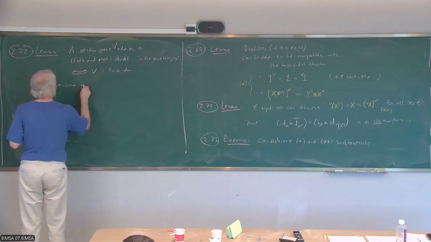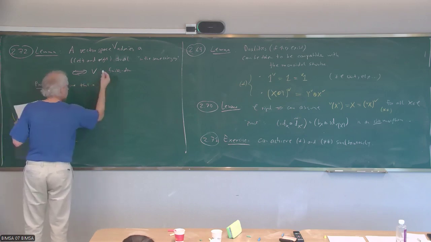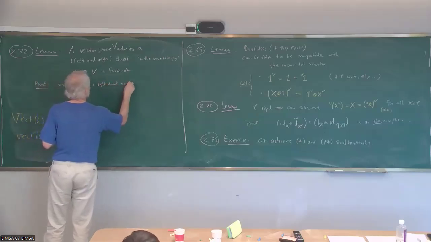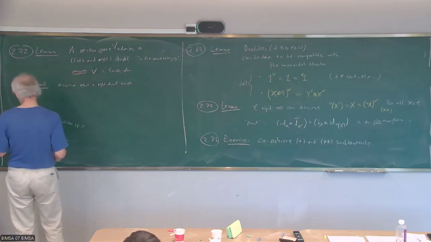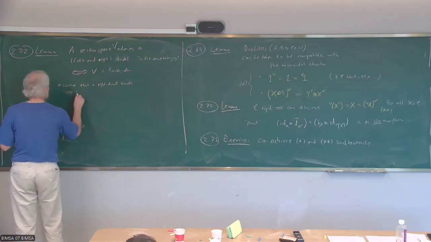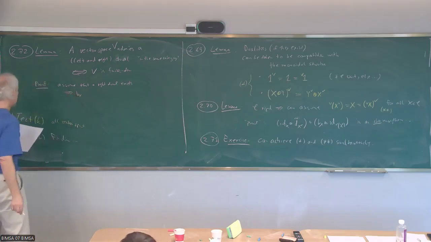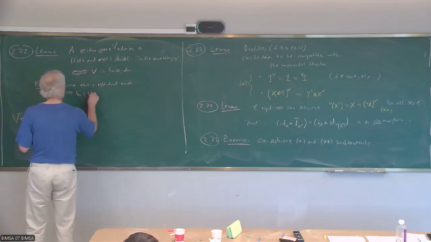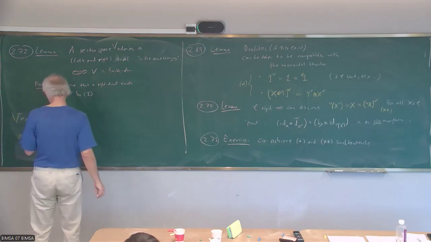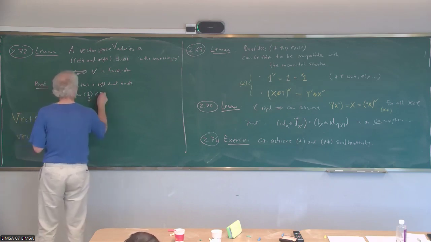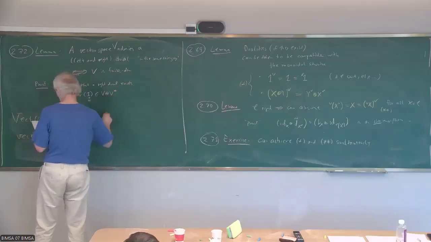Assume that the right dual exists. Then you have this co-evaluation for V, and in particular, if you apply this to the number 1, you get a vector in V tensor V star.